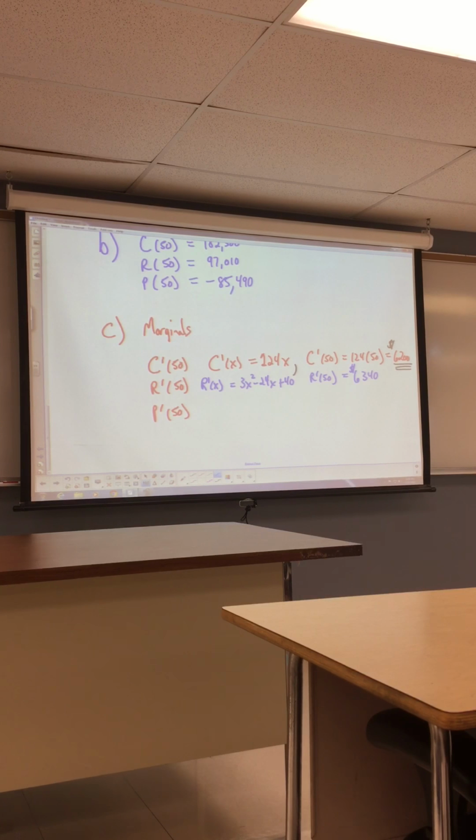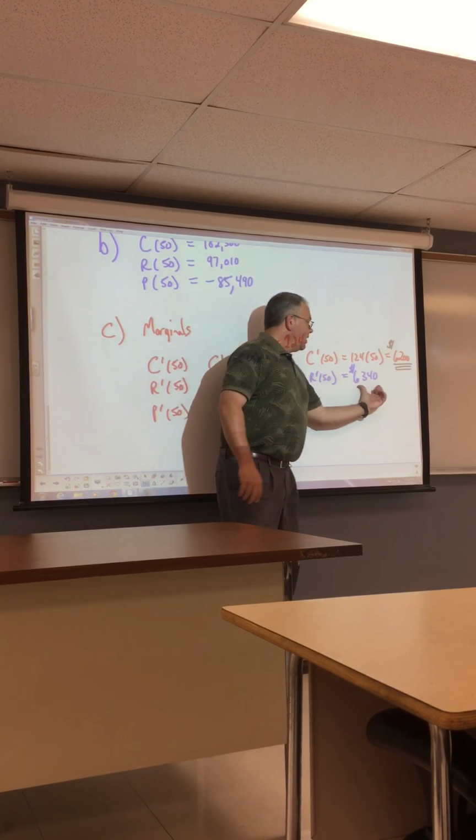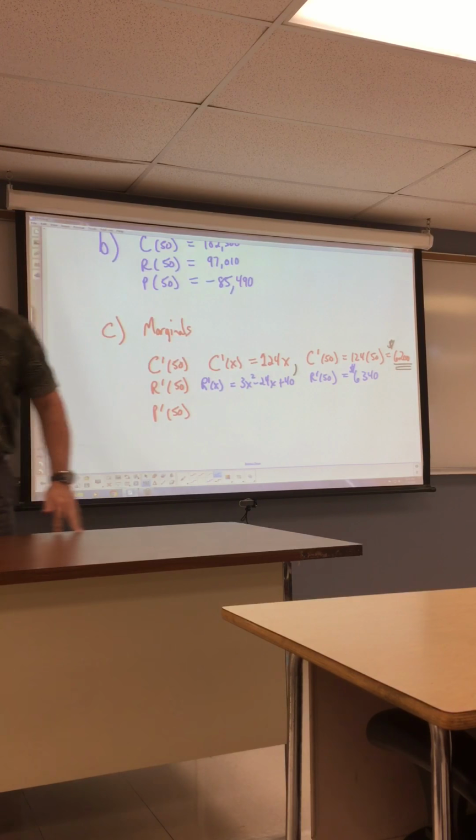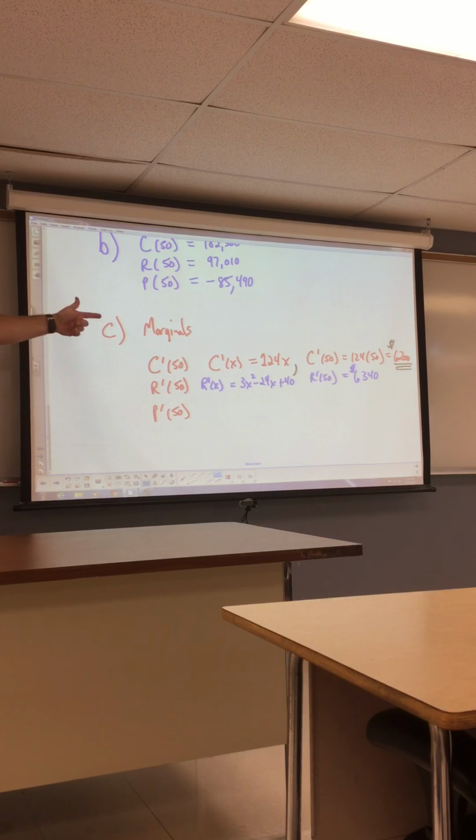So the marginal revenue then is the amount of money I can estimate I will make on my 51st item. Is that okay? Now this is good, right? I'm making more money than it cost me to produce it, so my profit should be going up, but I have to make sure it goes up a lot, because right now I'm negative $85,000 in the hole, right? So I think I need to make a lot more than 50, but this is where we are.